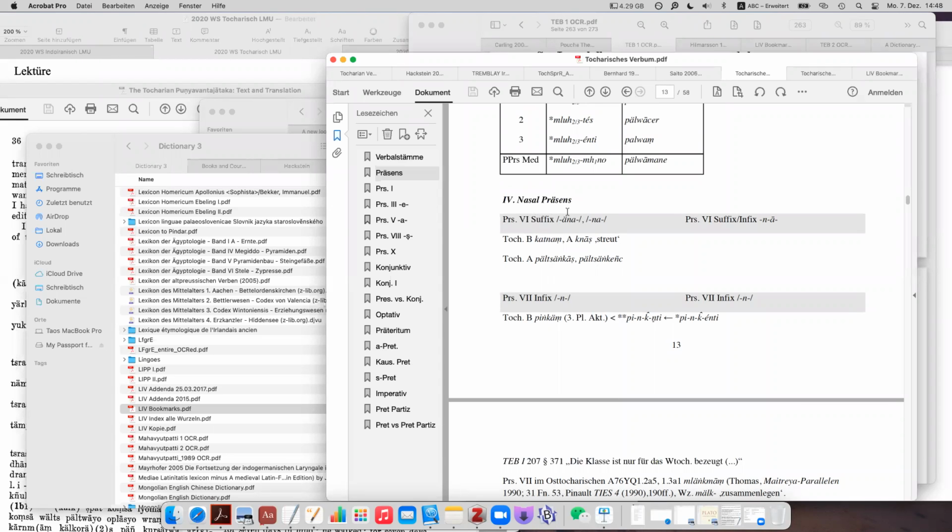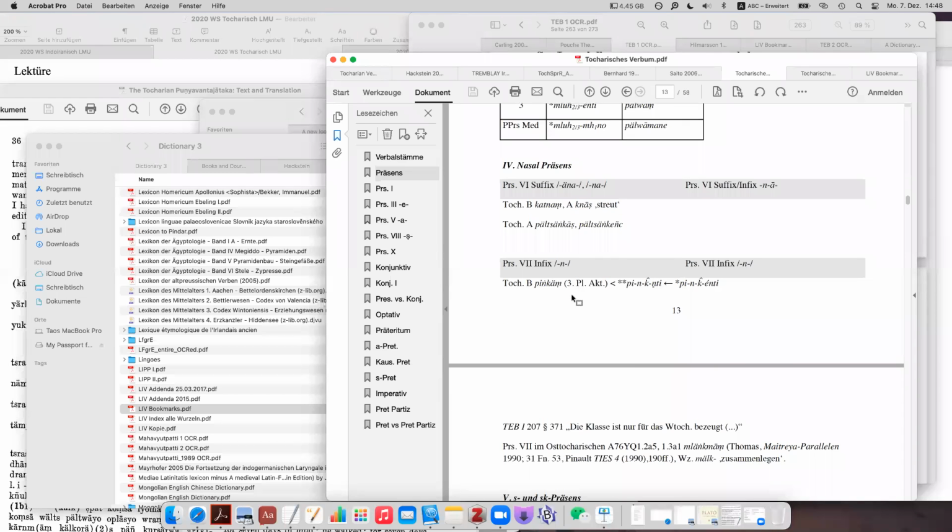And then we have the nasal present with the nasal infix, which is pretty common in other Indo-European languages. You also have it in Sanskrit, right? Inside the nasal present, we actually have two kinds. The first one is called -na or na; in Tocharian A, it's called na.